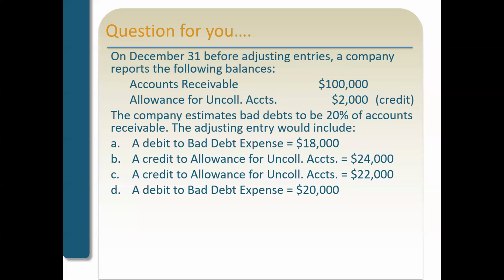The adjusting entry would include A, a debit to bad debt expense of 18,000, B, a credit to allowance for uncollectible accounts for 24,000, C, a credit to allowance for uncollectible accounts of 22,000, or D, a debit to bad debt expense for 20,000. What do you guys think?